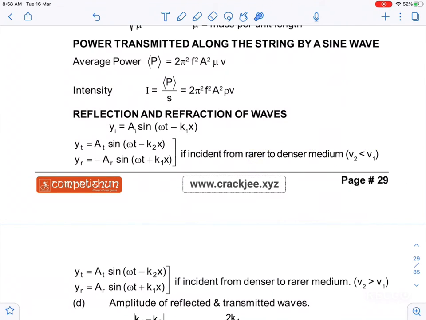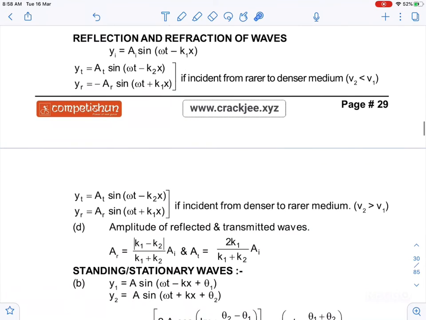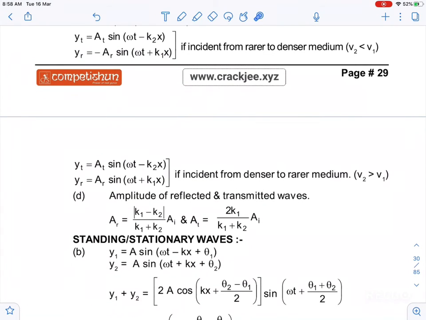If you assume this direction positive, this direction must be negative. So the transmitted wave has the same direction as the incident wave, and the reflected direction will be reversed. That's why I have written the reflected wave like this, and y is equal to a sine omega t I have taken as it is.